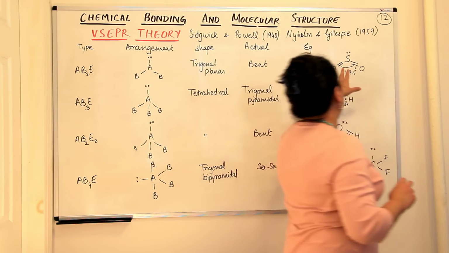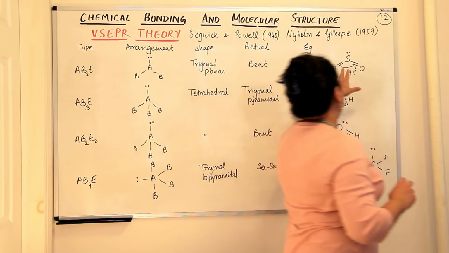When you see only this, what would you imagine it to be? This would form the base of a triangle, and this is protruding up from the triangle. It would be like a triangle, and from the center of the triangle you have A up here, because these three bonds go downwards along it.